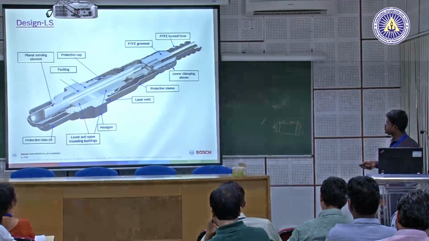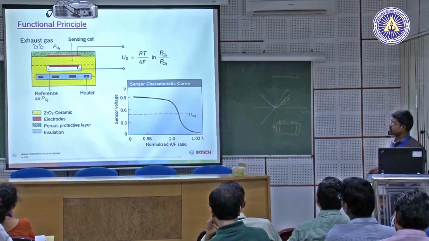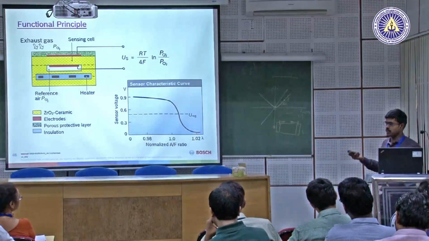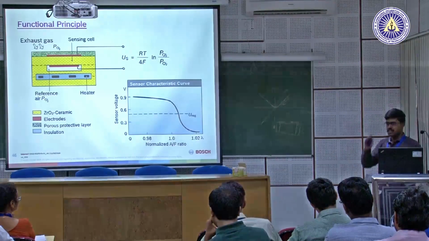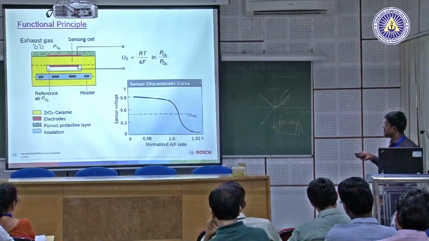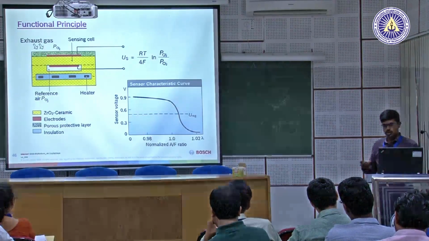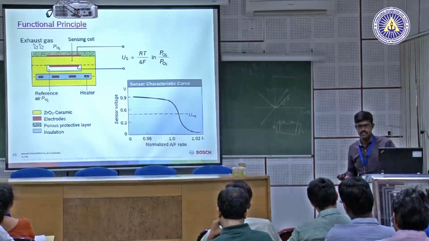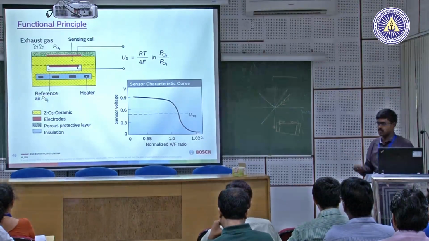At this point you would have known about the osmosis principle, where the flow happens from high concentration to low concentration. Same thing here: after the combustion, some amount of oxygen is utilized. The reference has 20 or 21% of oxygen.